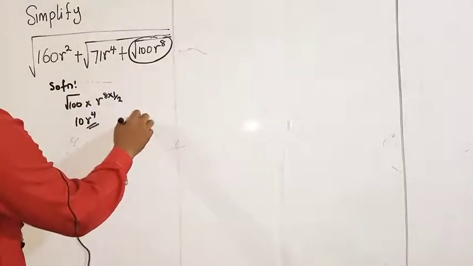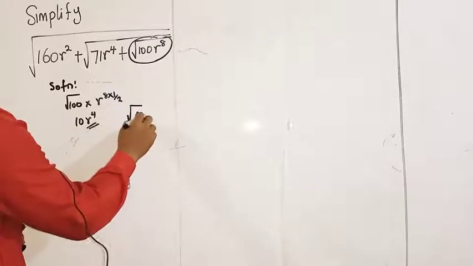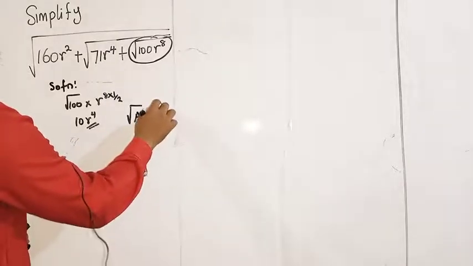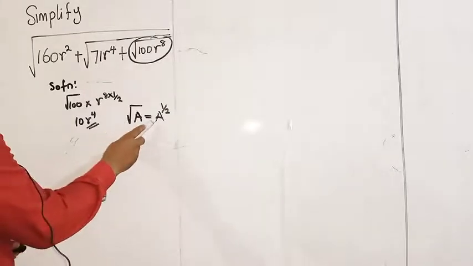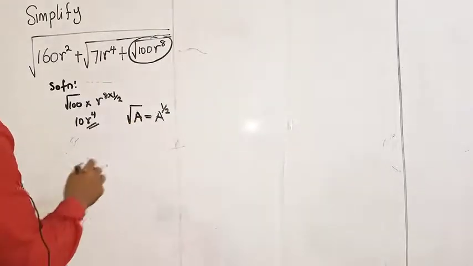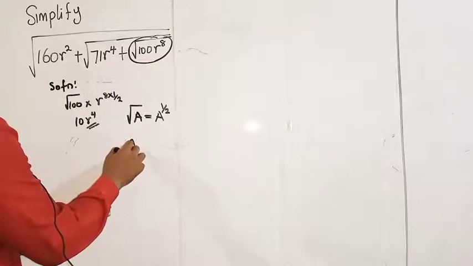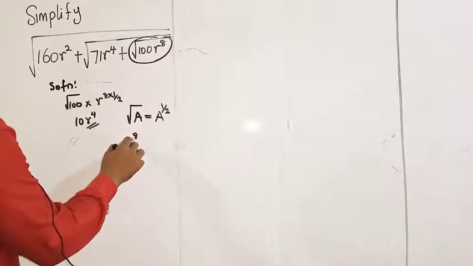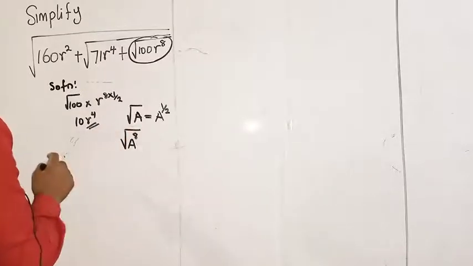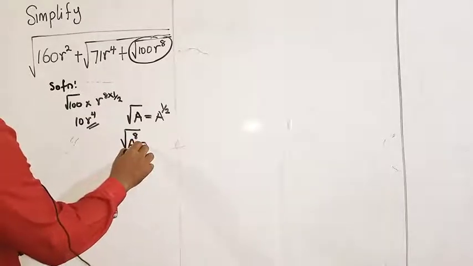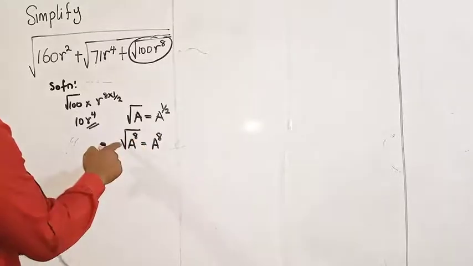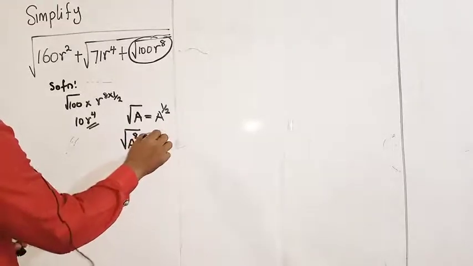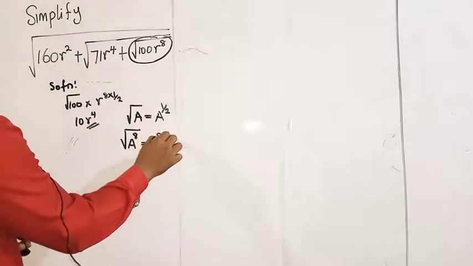If you have the square root of a, it's the same thing as saying a raised to the power 1 over 2. So if you have a raised to the power 8 in a square root, it simply means you are having a raised to the power 8, and this root, the square root, is going to be times 1 over 2.